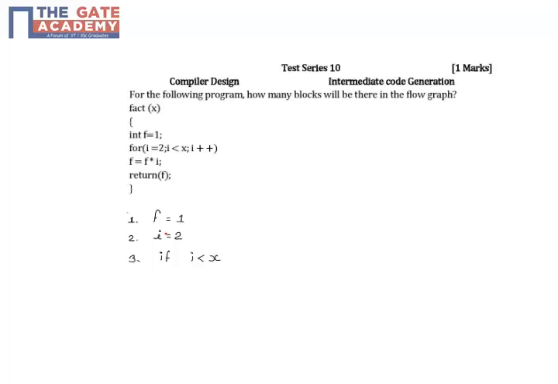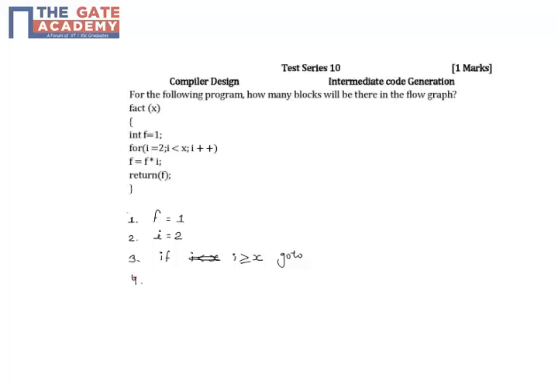But if this condition is false, then I will write: if i is greater than x, then go to the statement which is the last statement of this 3 address code. So I have just changed i less than or equal to x into: if i is greater than or equal to x, then go to the last statement.